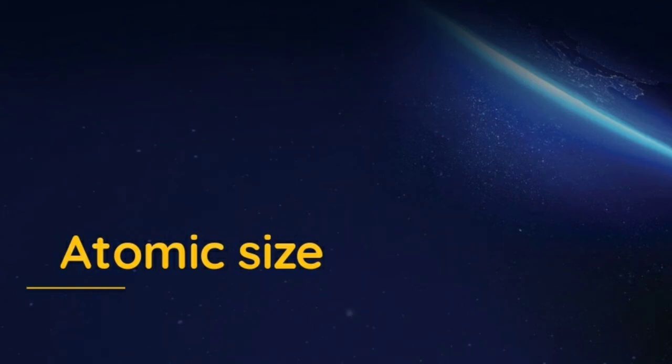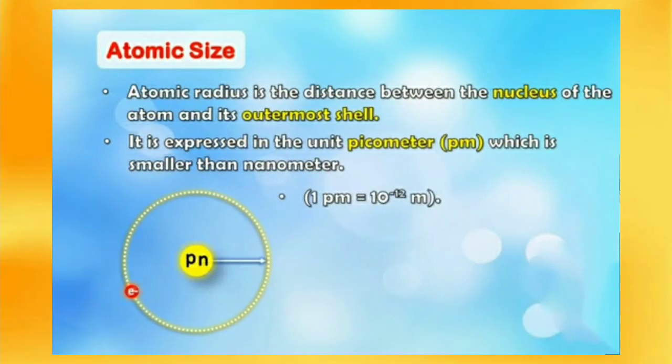The second property which we are going to learn is atomic size. Now, children, the size of an atom is indicated by its radius. So what is atomic radius then? It is the distance between the nucleus of an atom and its outermost shell.